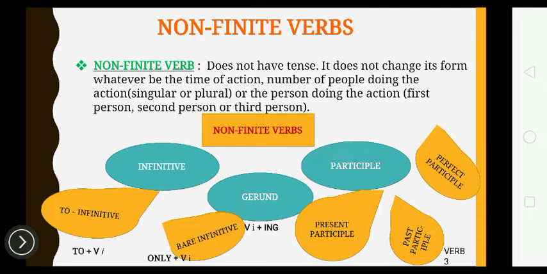Participle: present participle, past participle and perfect participle. Do not get confused between gerund and present participle, because present participle is also made up of first form of the verb plus ing, but here you have to remember adjective. And past participle means simply third form of the verb, and perfect participle means having plus third form of the verb.